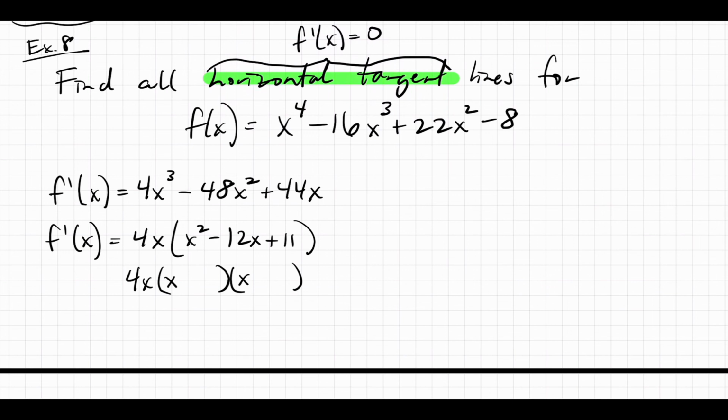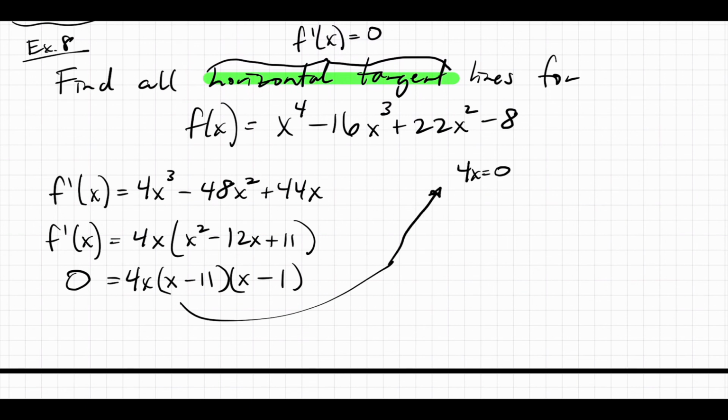Okay, so that's what I did. It was a trinomial, factored out the GCF. So now I have to factor x squared minus 12x plus 11. So it's going to be minus 11 and minus 1. Set them all equal to 0.